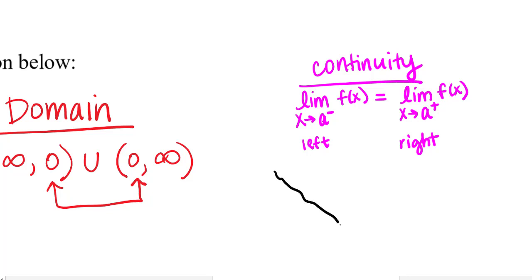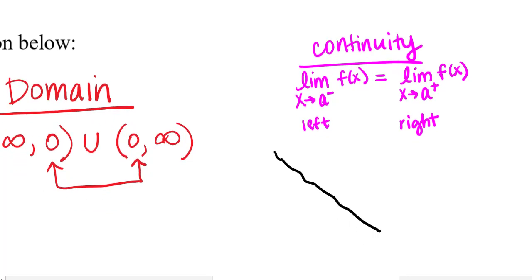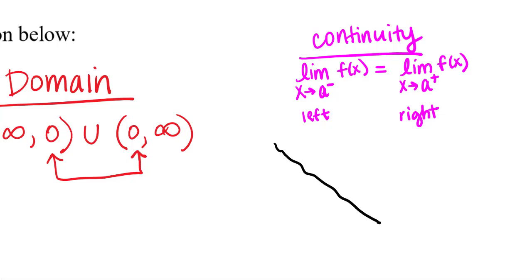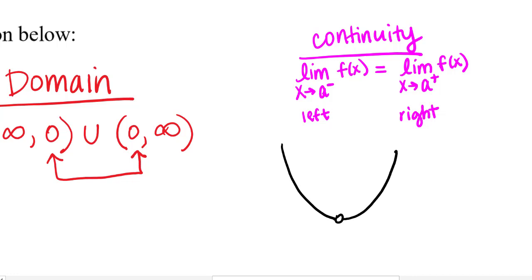So here I come along in some function, right? Doesn't matter that it's squiggly. If you don't like it to be squiggly, it can look like a parabola or whatever you want it to look like. And I could have a hole here, and I could go on up. Okay, so I could have some parabola.